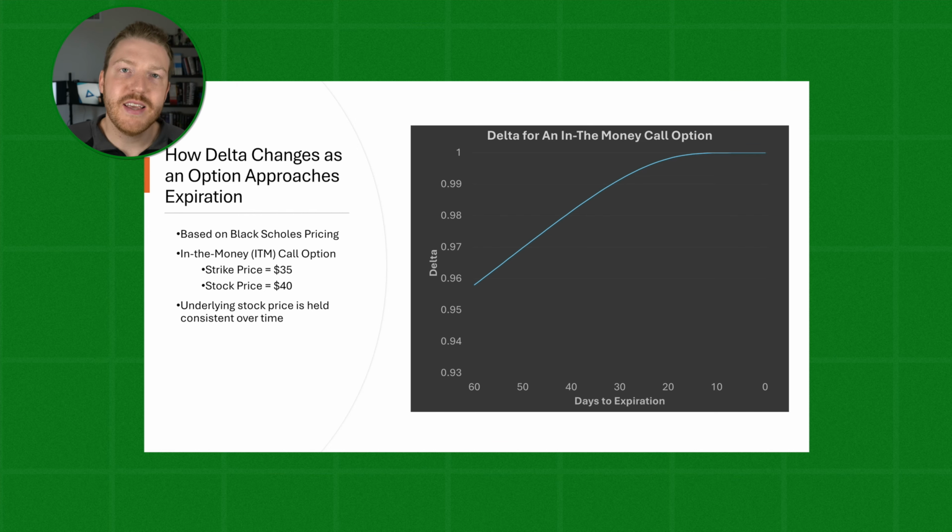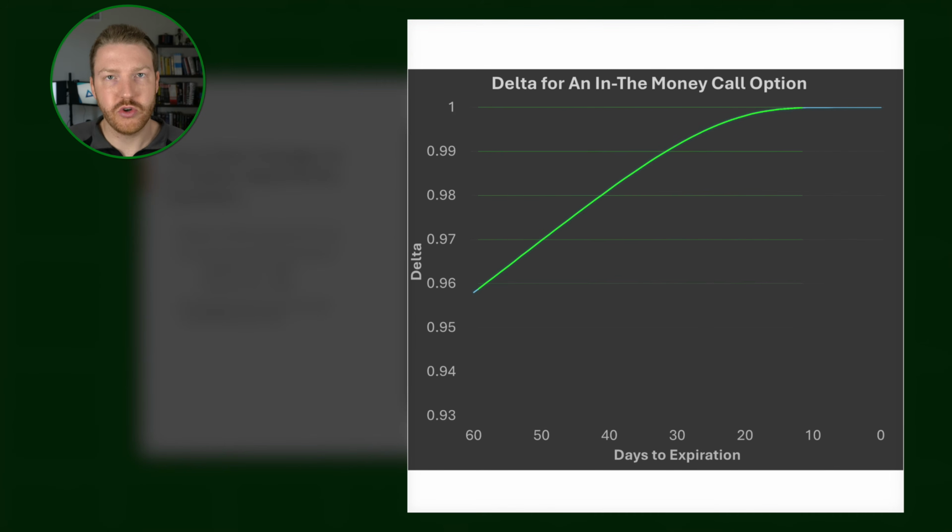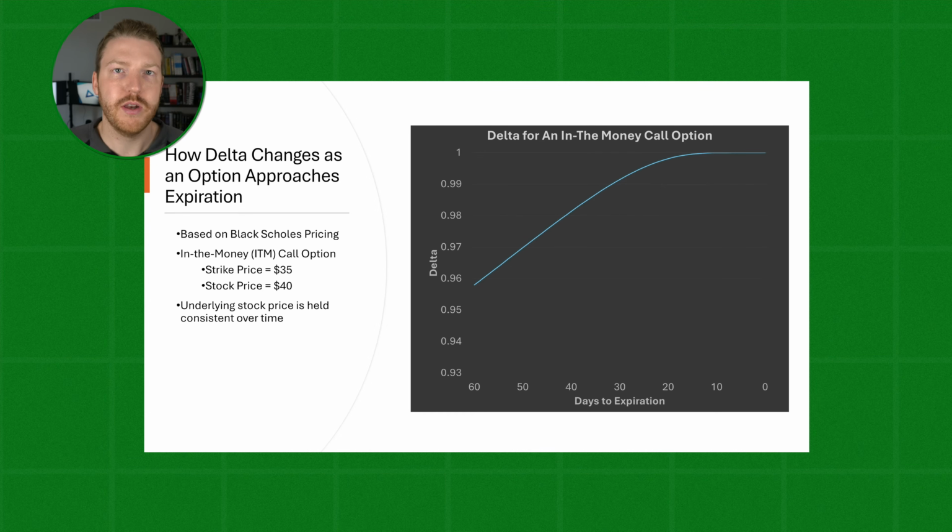And then we see as the days to expiration change, the probability that our option expires in the money increases and eventually approaches about 100%. Once we get to 0 days, we're going to have about 100% probability that this option expires in the money, and then every $1 change in the underlying stock price will be met with a $1 change in the option's price.